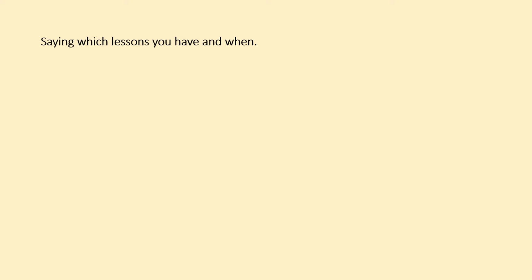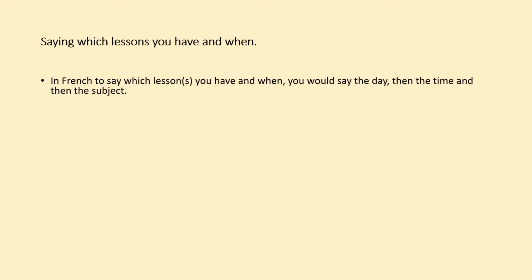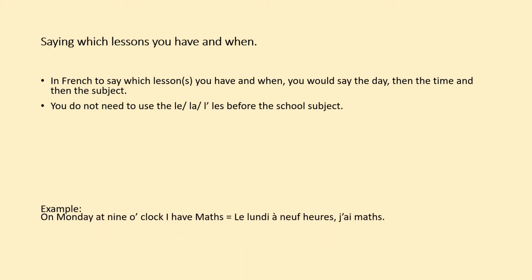Okay, saying which lessons you have and when. In French, to say which lesson or lessons you have and when, you would say first of all the day, then the time, and then the subject. You do not need to use le, la, l' or les before the school subject in French.